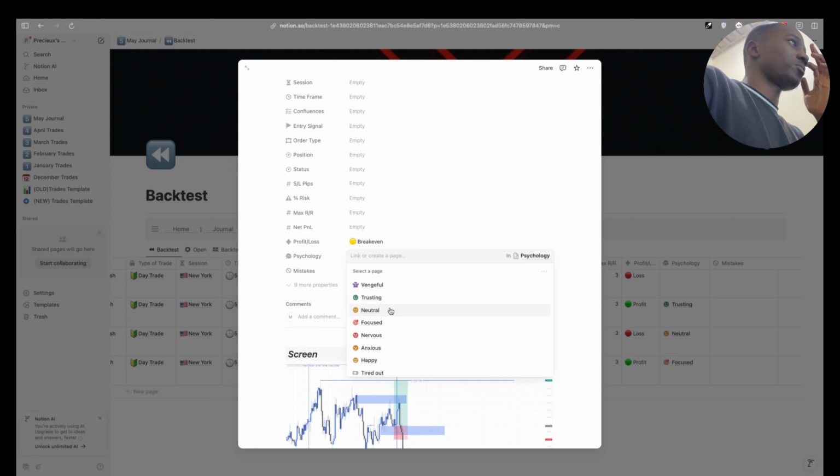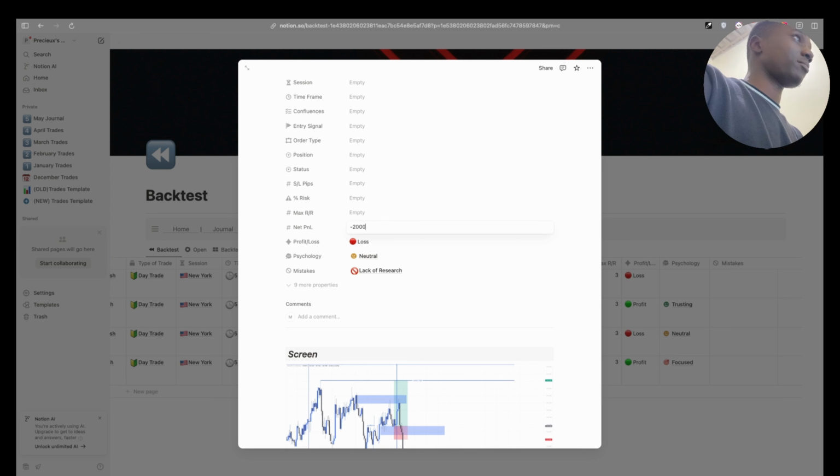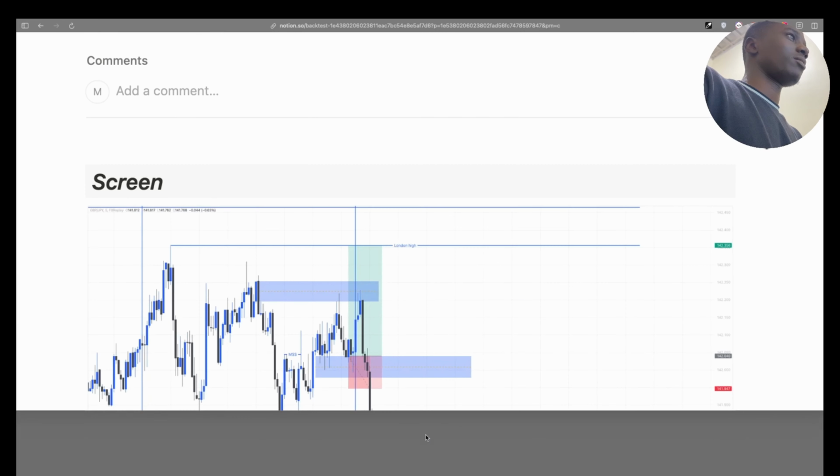Psychology, it was neutral, and it was a loss because it was a minus 2k, and as we saw, it targeted 3R, risk of 2%, stop loss in pips. I really don't remember, but let's zoom in a bit. You can see 142.040 minus 141.94 is equal to 0.12.